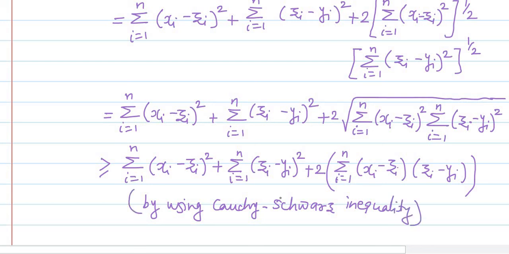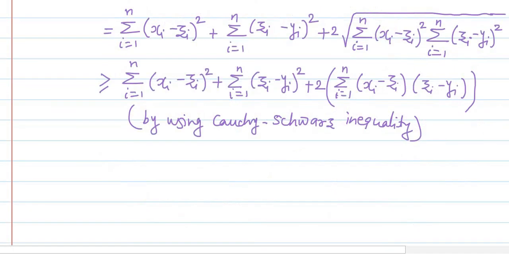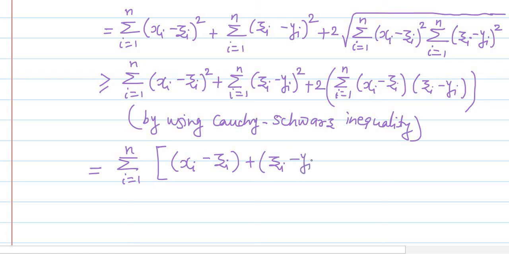Now, if you observe the right hand side carefully, it is a perfect square. This is equal to the summation over i equal to 1 to n of (xi minus zi plus zi minus yi) whole square.